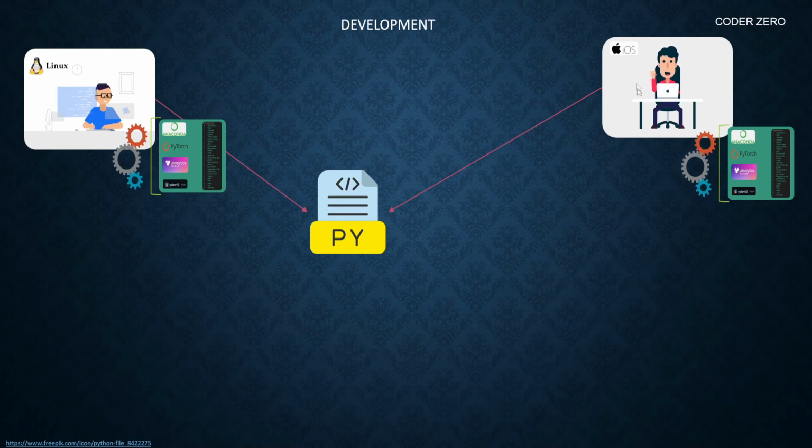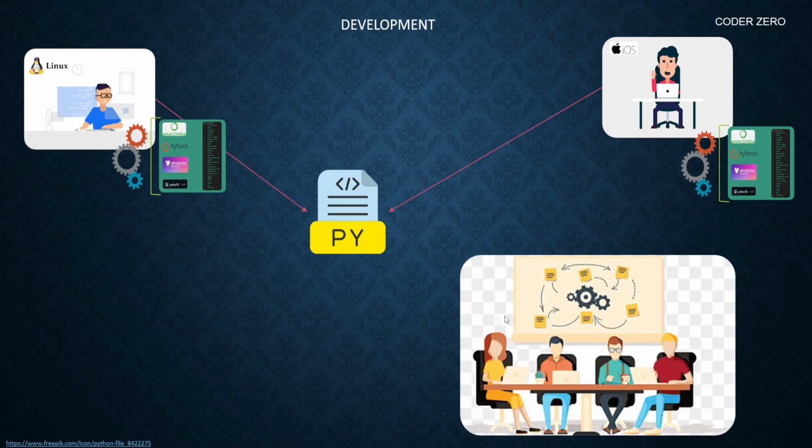Now here he has to follow the installation guide for the iOS. You can see all the packages, all the libraries are same, but installation will be different. Similarly, if you have multiple people with multiple OS systems, they have to follow the respective installation guide for all these libraries to create the required environment.